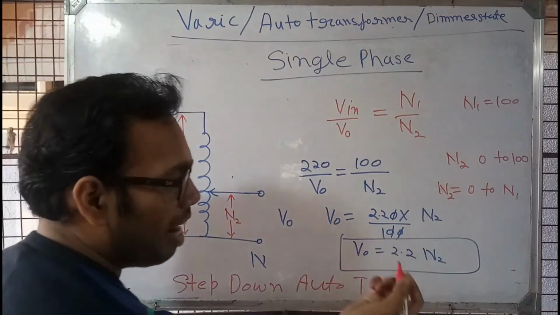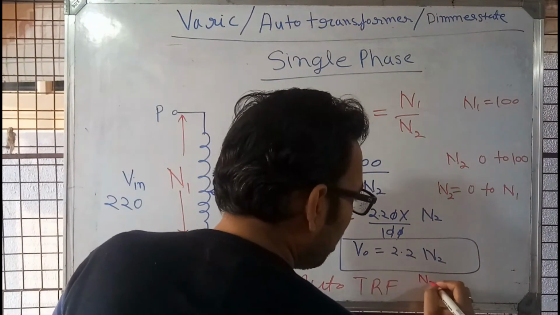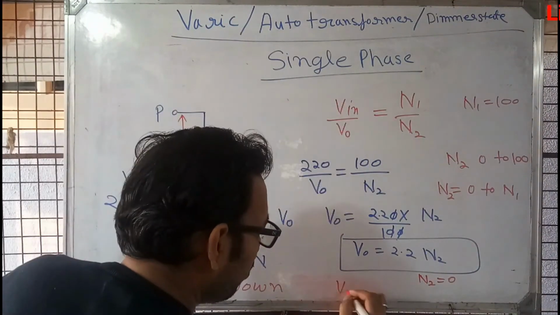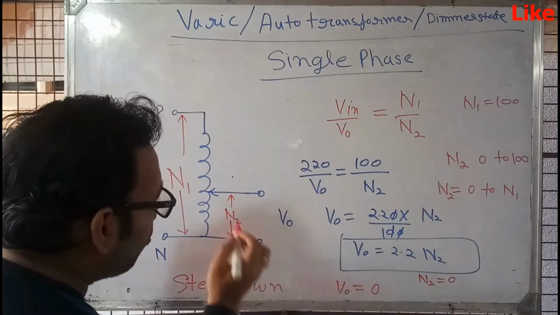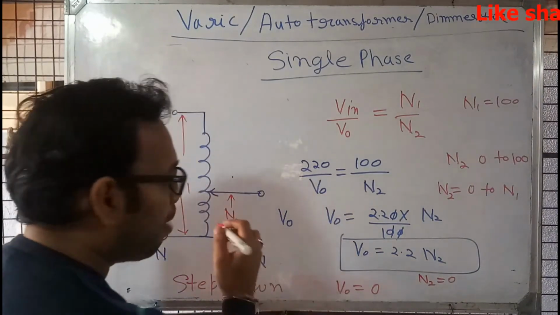Okay, so now N2 is varying from 0 to N1. If my N2 is 0, my output V0 is equal to 0. It means when my pointer is near the neutral, my output is 0.